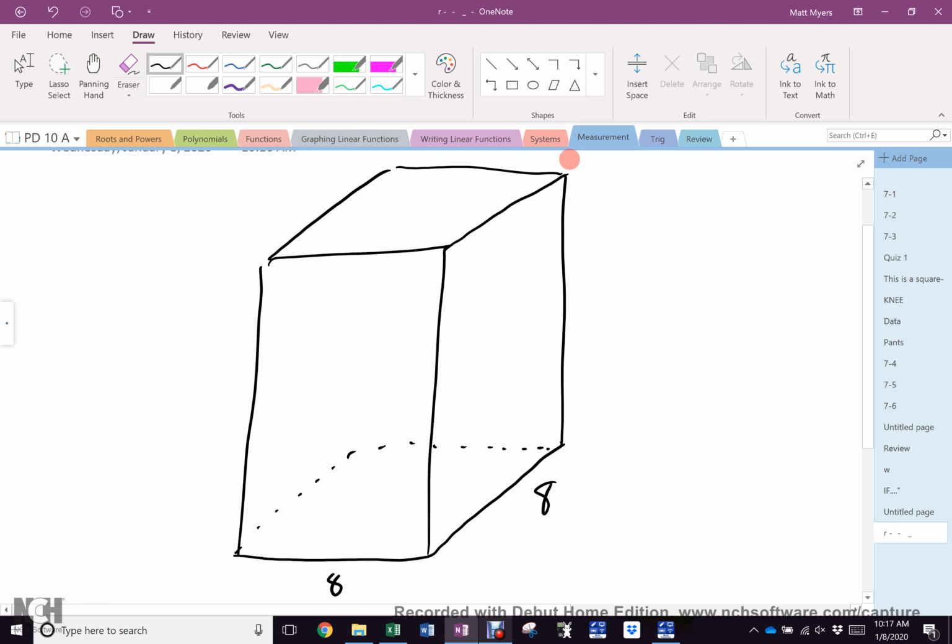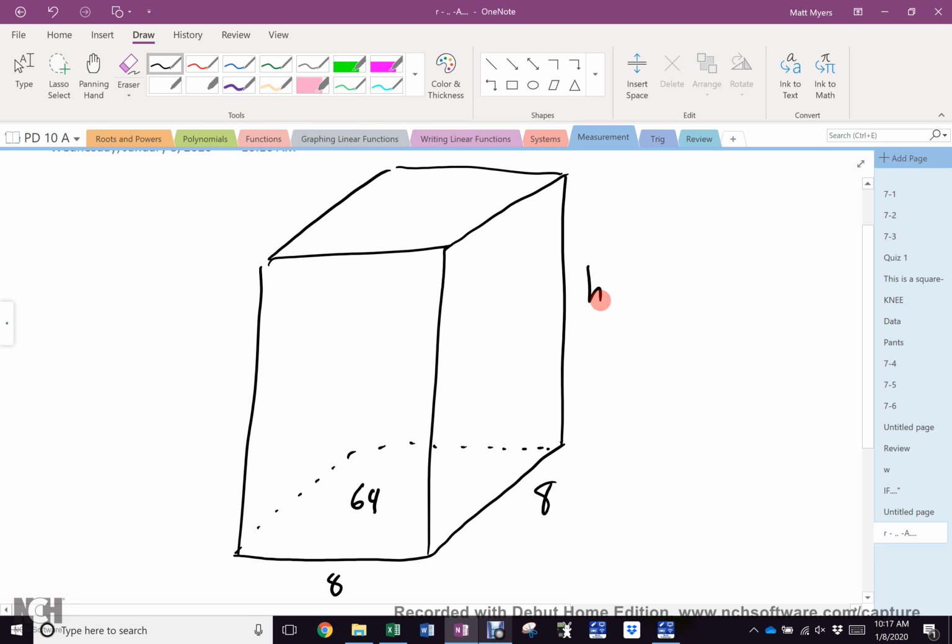Now, the way I have drawn that, I repeated the shape at the bottom, yes? And what is that area? 64. Can you tell me the volume right now? No, why not? Because you don't have a height. What if I told you the height was h?